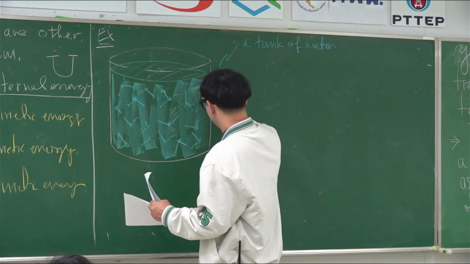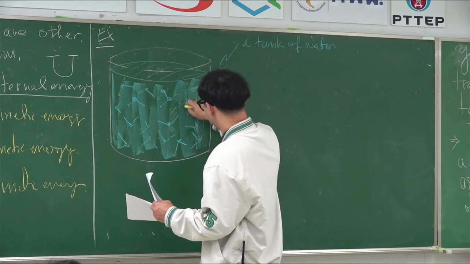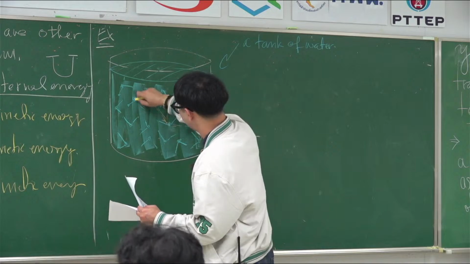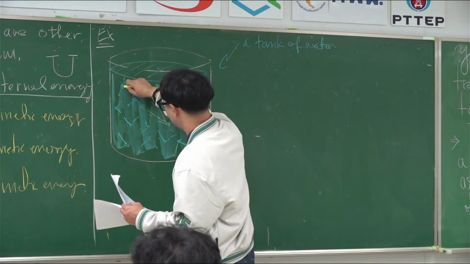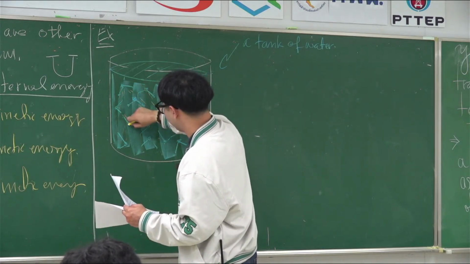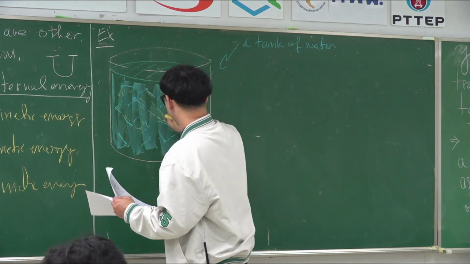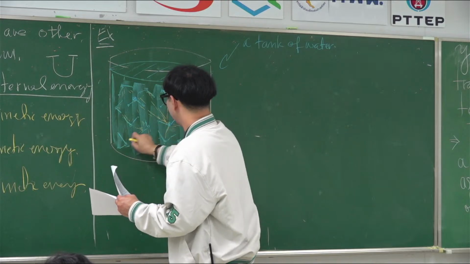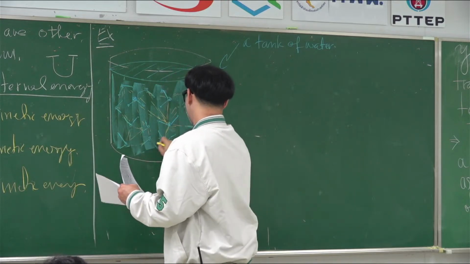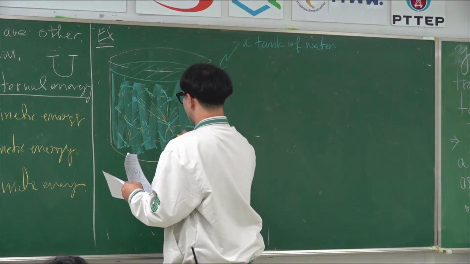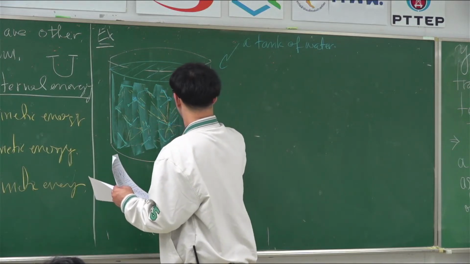So there will be this kind of thing on each, and you're going to get a very complex network of interaction, something like this.